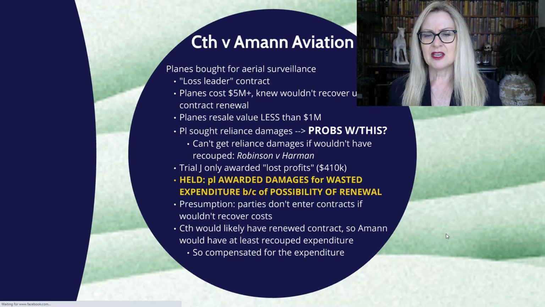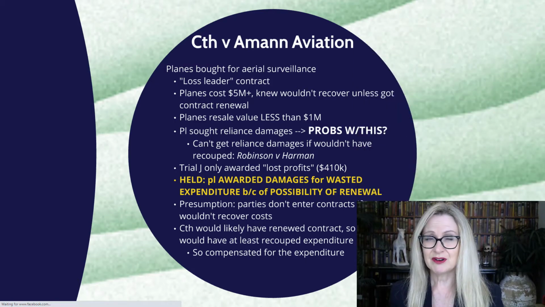So here the court said the Commonwealth would likely have renewed the contract, or as I said, at least it was a possibility, even though they couldn't work out what the exact possibility was. So Amann would have at least recouped their expenditure. That meant that they could be compensated for the expenditure, and they were awarded around $6.6 million.